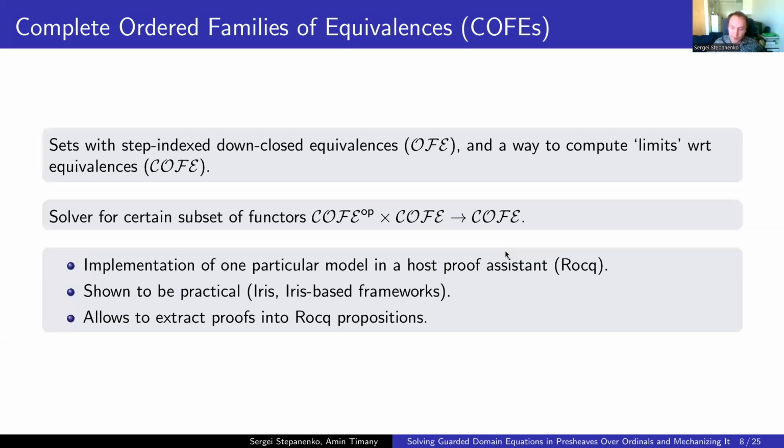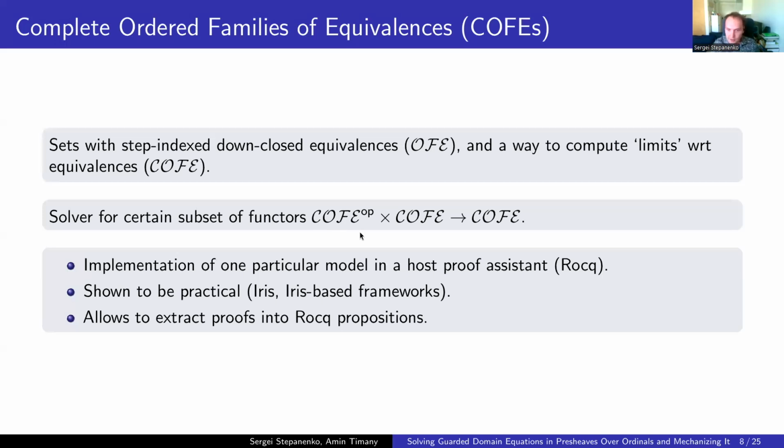And it works really well for the natural number case, so when we do our indexing over natural numbers, you get a solution procedure for a certain subset of functors that allow solving multiple equations. For example, the one for D can be solved using this domain equation solver. The one used in the core of Iris for iProp can be solved with it.